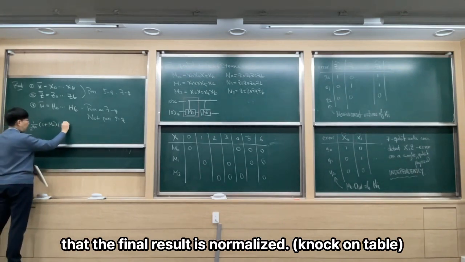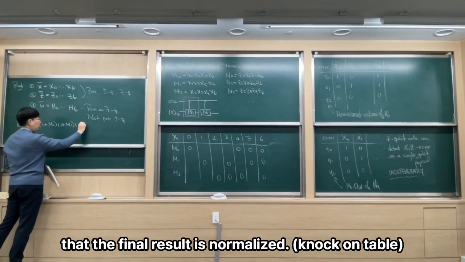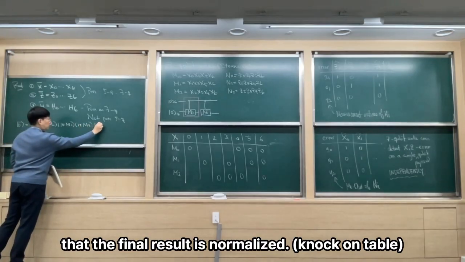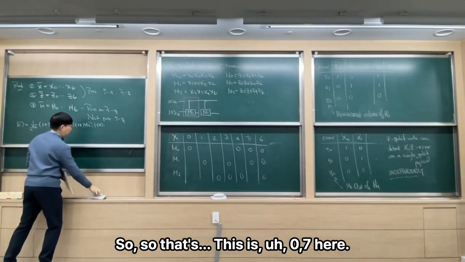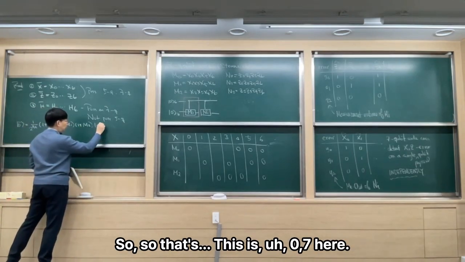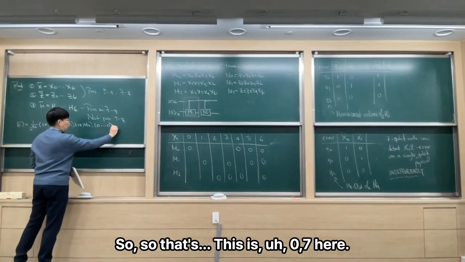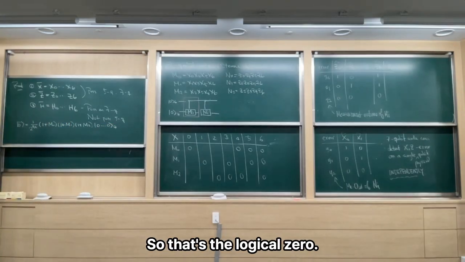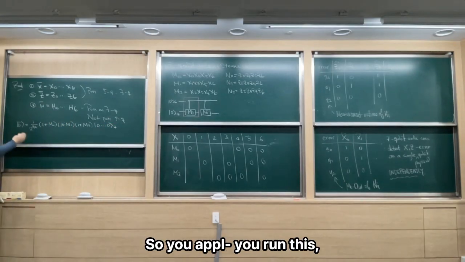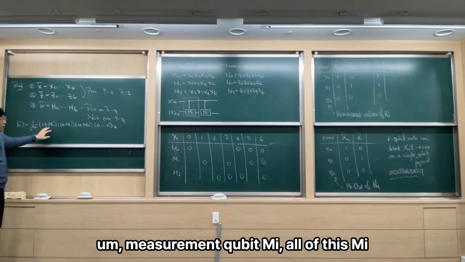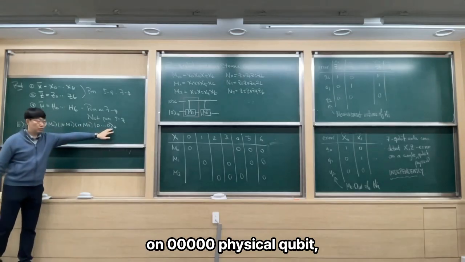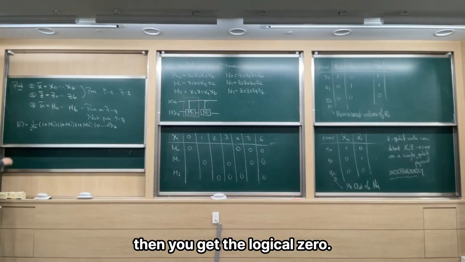So that's 0, 7 here. So that's the logical 0. So you run this measurement qubit M_i, all of these M_i, on the 0, 0, 0, 0, 0 physical qubits, then you get the logical 0.